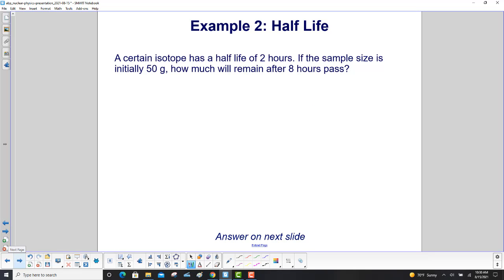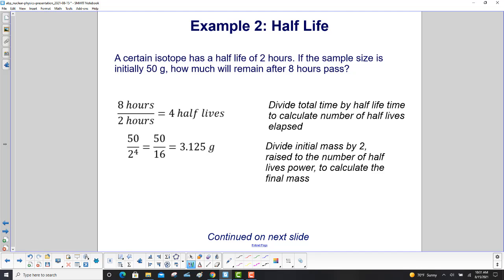A certain isotope has a half-life of 2 hours. If the sample size is initially 50 grams, how much will remain after 8 hours pass? First, divide the total time by half-life time to calculate the number of half-lives elapsed. So we have 8 hours divided by 2 hours, and you get 4 half-lives.